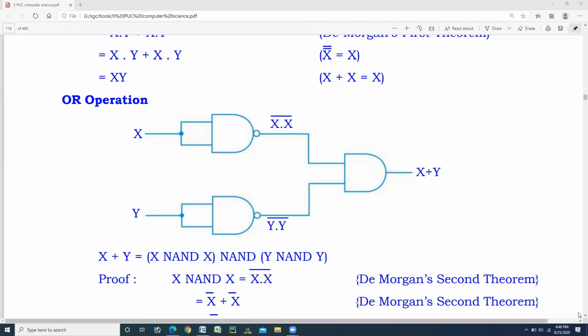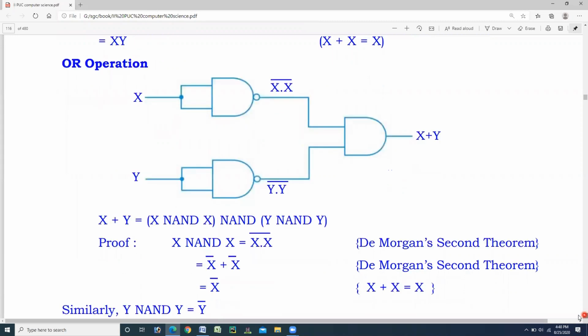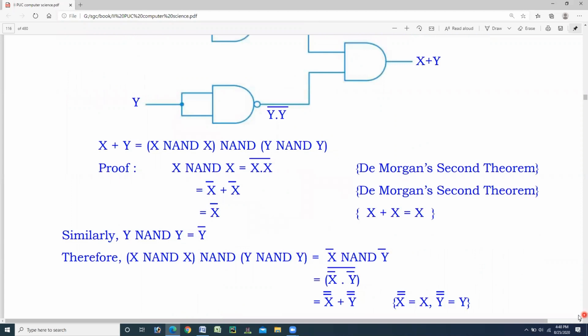You can see here the algebraic expression of how we evaluated that. See, X plus Y is equal to (X NAND X) NAND (Y NAND Y), because X and Y are 2 common inputs for 2 NAND gates.